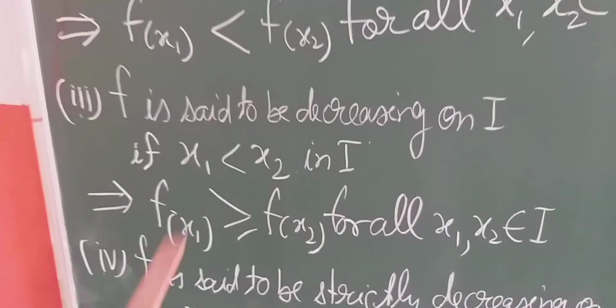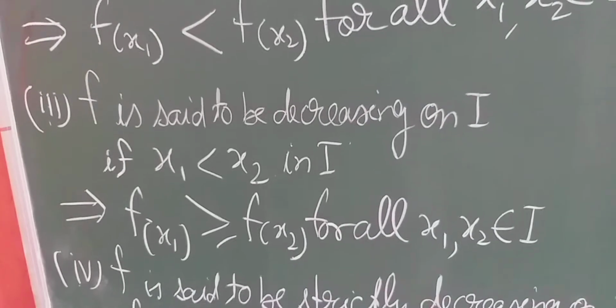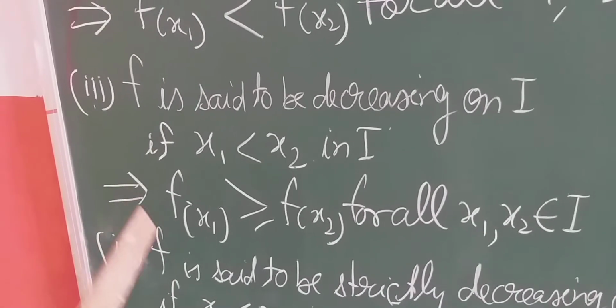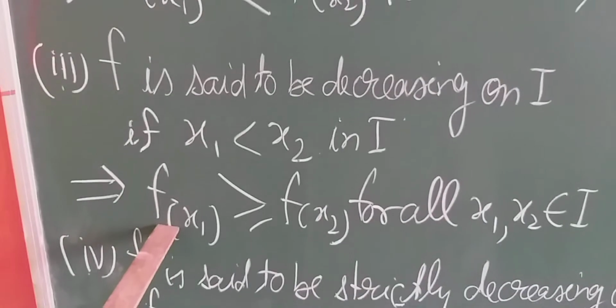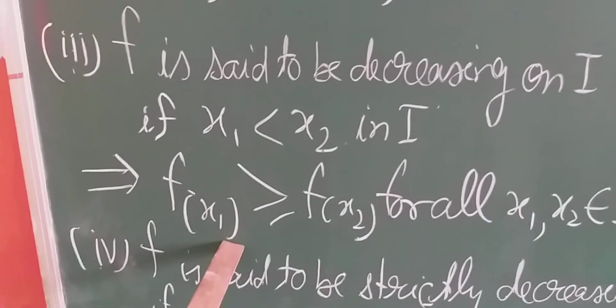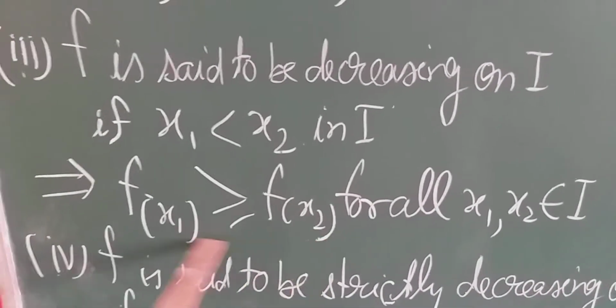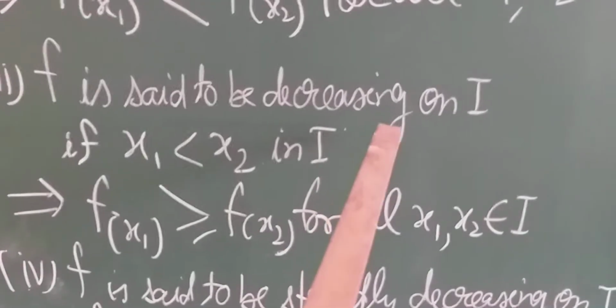Students, if we take two values x1 and x2 from the interval and x1 is less than x2, but when we put the values of x1 and x2 in the function, f(x1) is greater than f(x2), then the function is called decreasing.